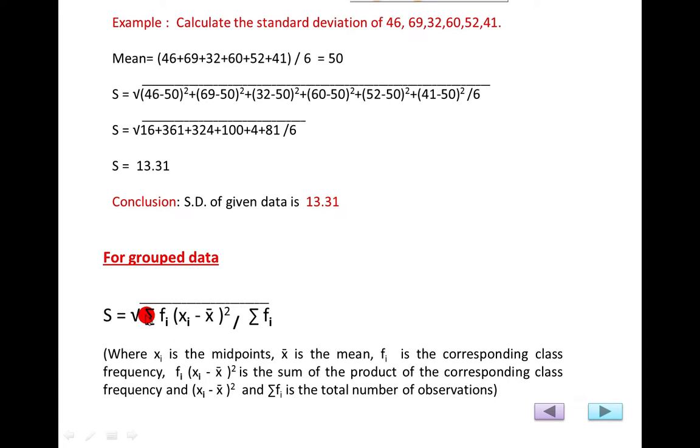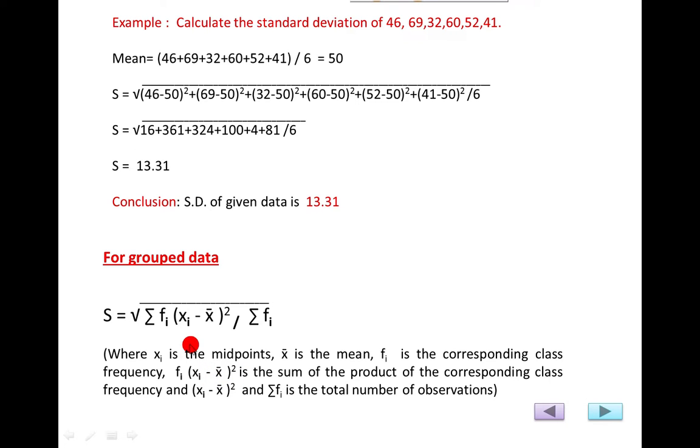Okay, the total term is from this point to this point: the sum of the product of the corresponding class frequencies and xi minus x bar whole square, and summation fi. And summation fi is the total number of observations.